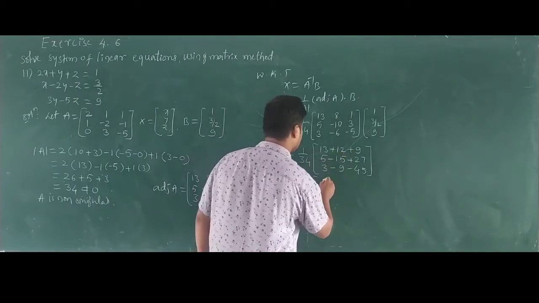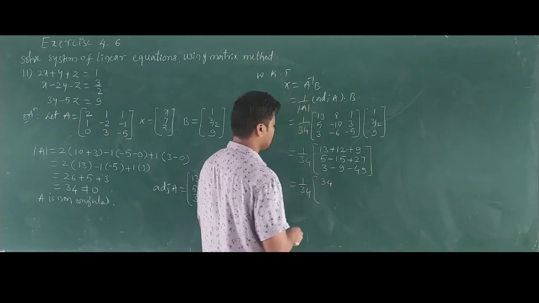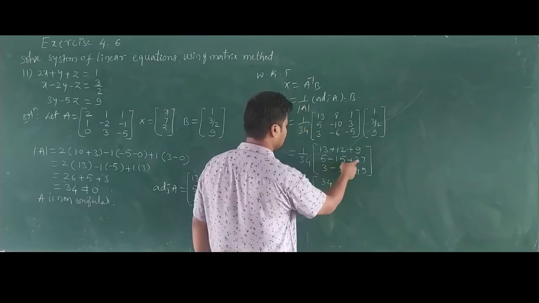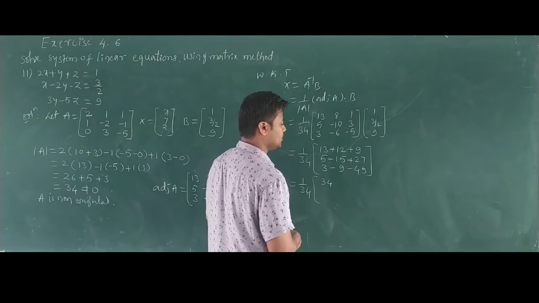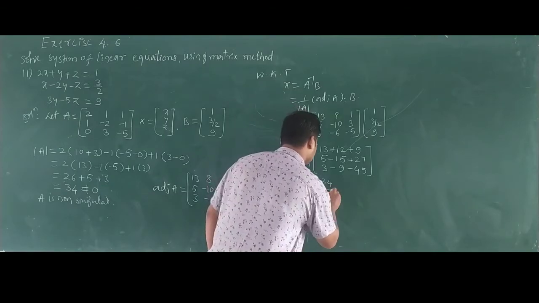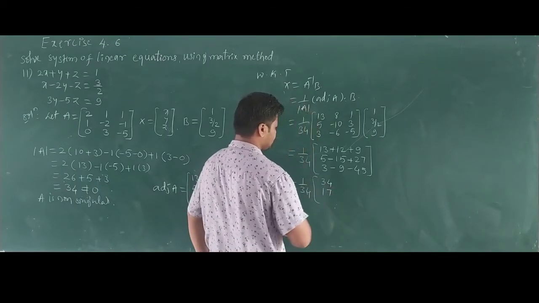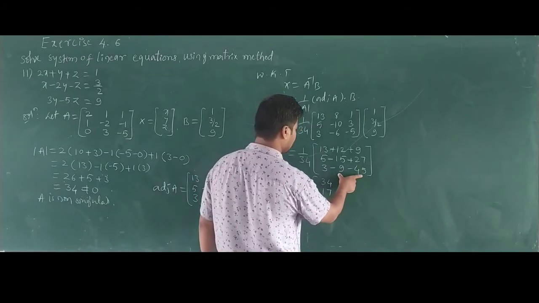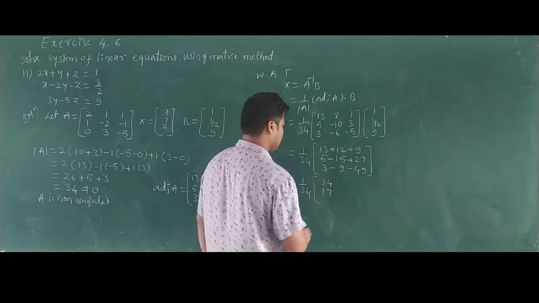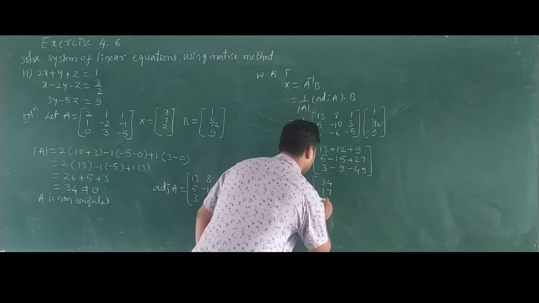This equals 1 by 34 into 25 plus 9, 34, minus 15 plus 27, 17. This is minus 54 plus 9, minus 45... so minus 51.